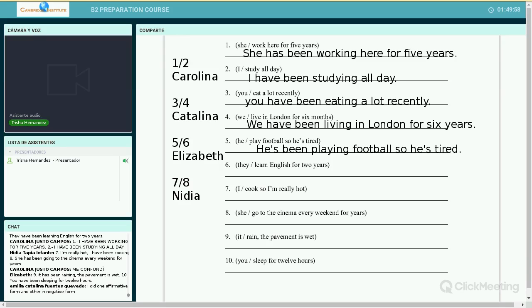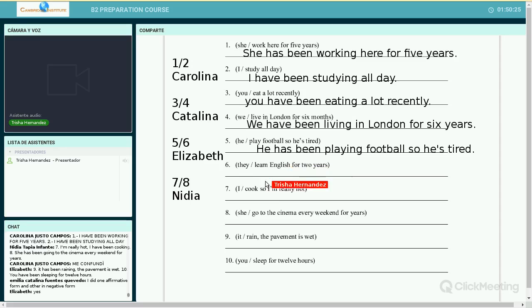Well, not you, because you know that this 's stands for he has. But some people may get confused when he's been playing football, so he's tired, and they may think that it's verb to be again. You can also use the short form, for he has been playing football. You can use both. We're going to leave it like that so we won't get any confusions here, okay?